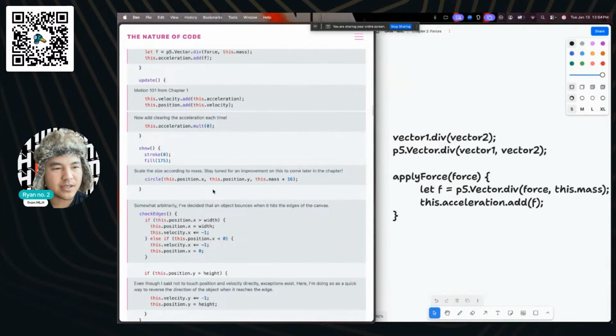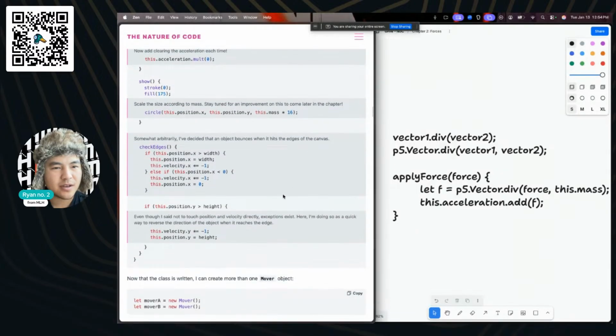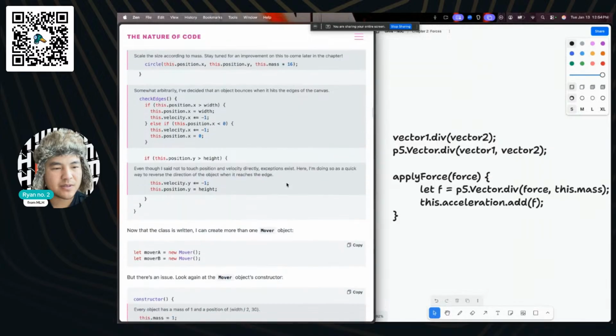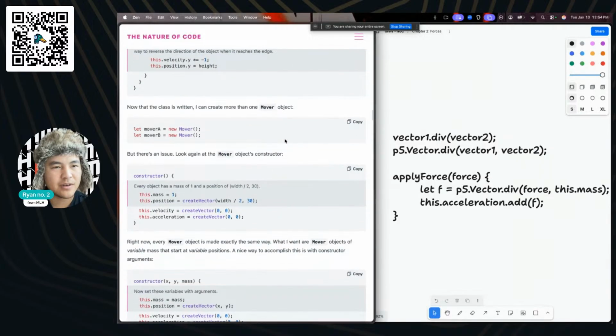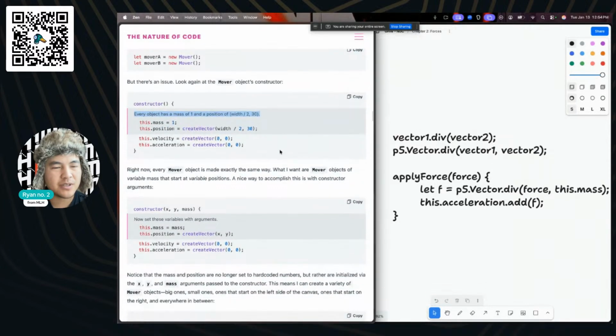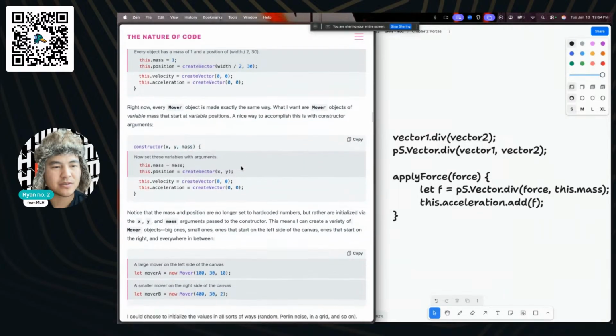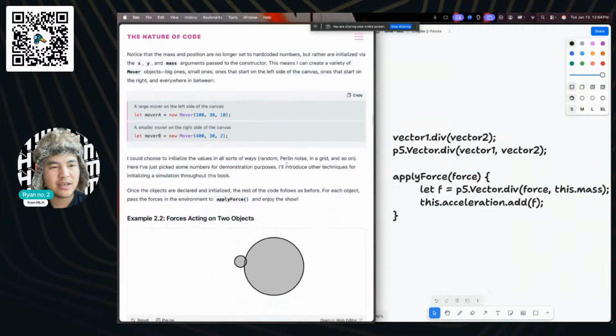Scale the size according to the mass. And then we decided to make it bounce. Nothing crazy there. And then we have a second one, and every object has a mass of 1 and a position of blah, blah, blah. So this is basically just adding arguments to the constructor so that we can have two different sizes. That makes sense.